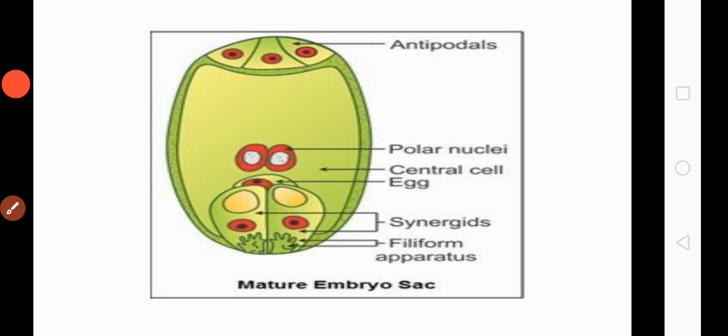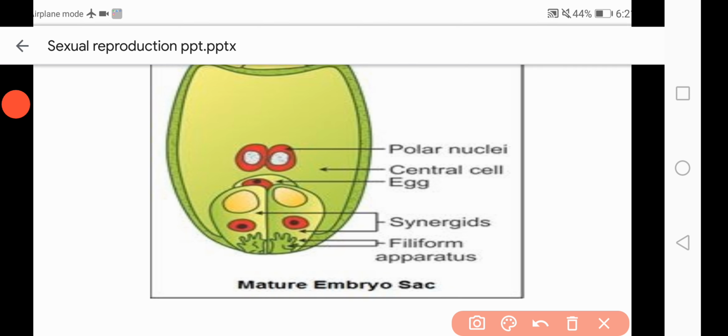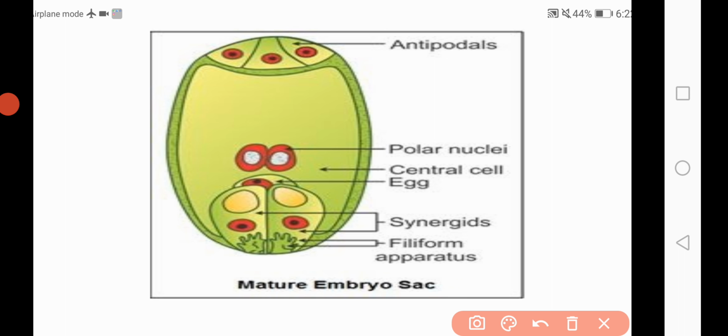And this is the picture of a mature embryo sac, where you can see the three cells at the chalazal end forming the antipodals, and at the center the secondary nucleus, which consists of two polar nuclei.